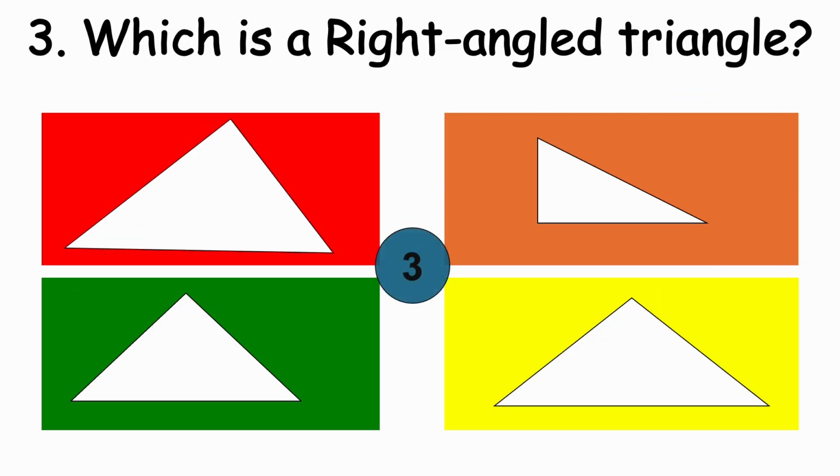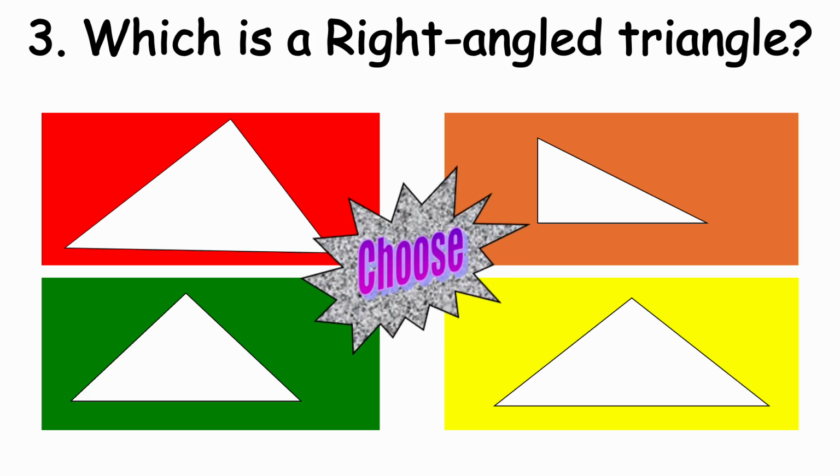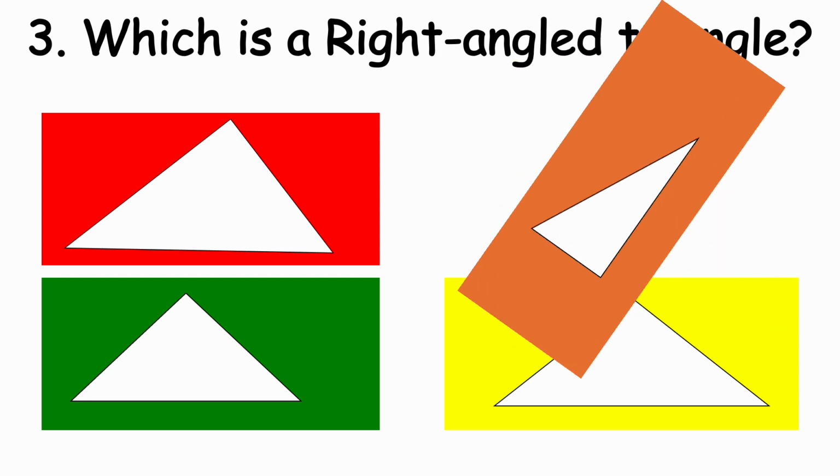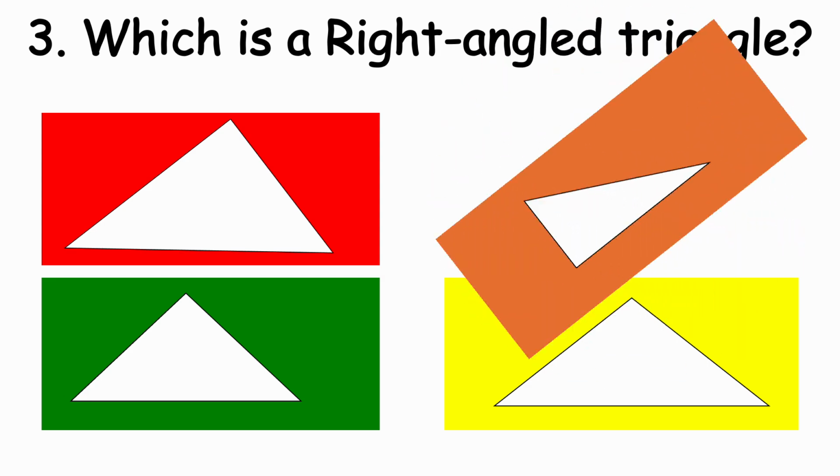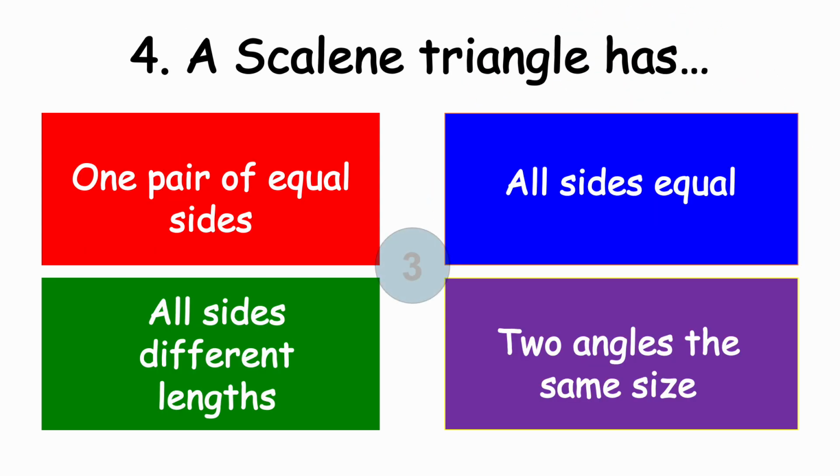Can you identify which one of these triangles is a right-angled triangle? 3, 2, 1. Choose. Can you finish off this statement?